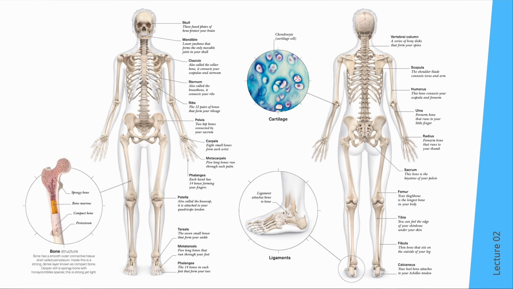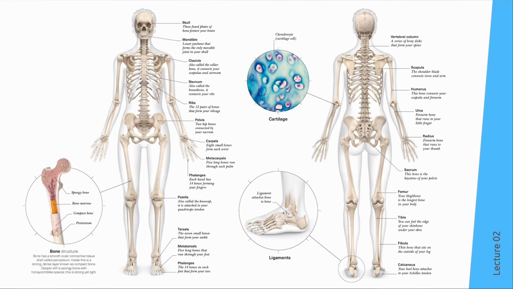So we have the carpals at the hand and tarsals at the foot, and then meta comes after that. Meta is a Greek word. Metacarpals and metatarsals are the 5 bones that run through the hands or the feet. And then we have the phalanges, the little end parts of the fingers and the toes.